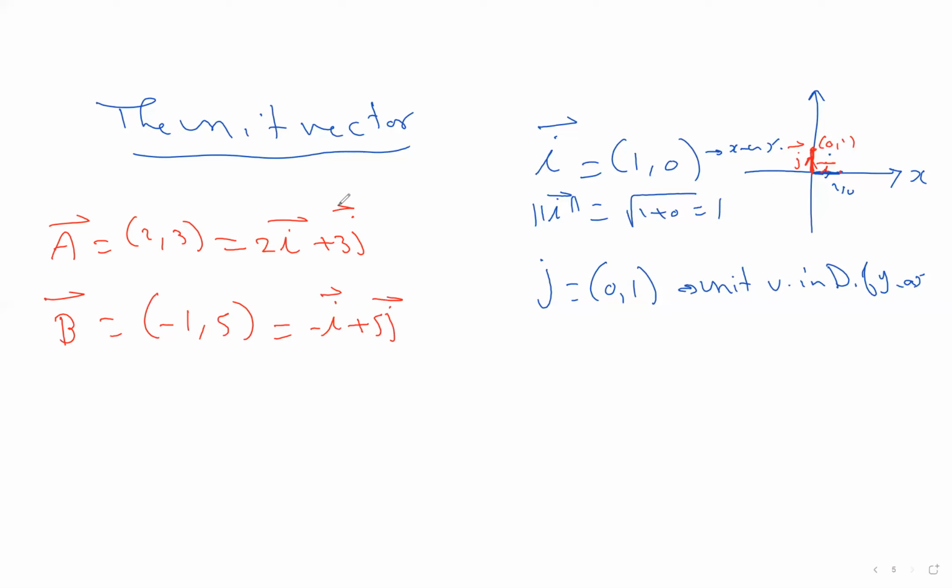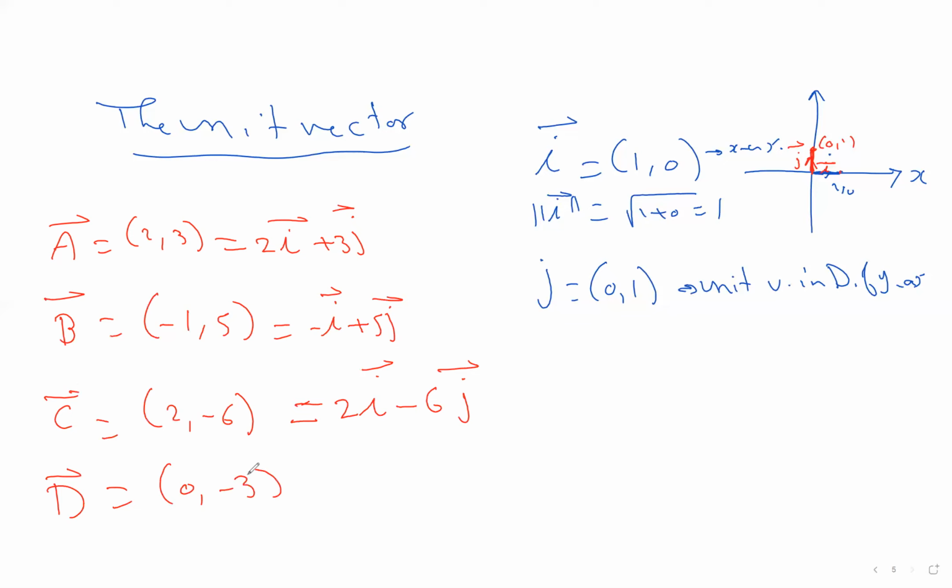Okay? If vector C equals (2, -6), then vector C will be 2I minus 6J. Okay? If vector D is (0, -3), then vector D will be -3 in the direction of J.